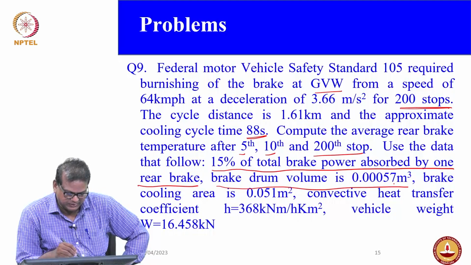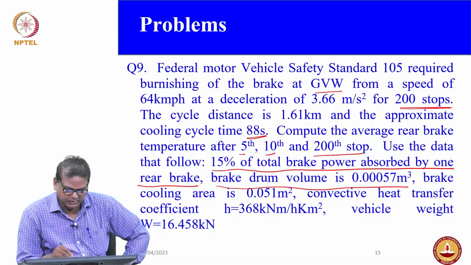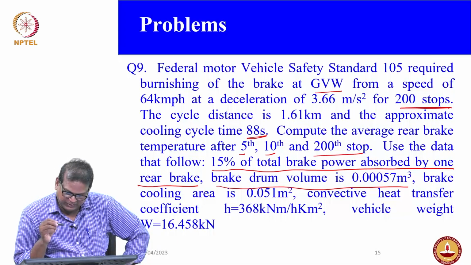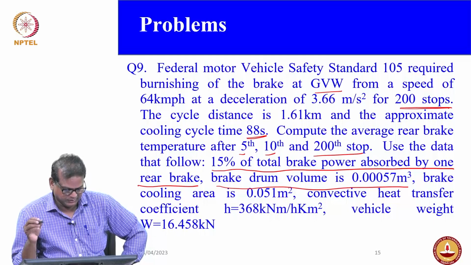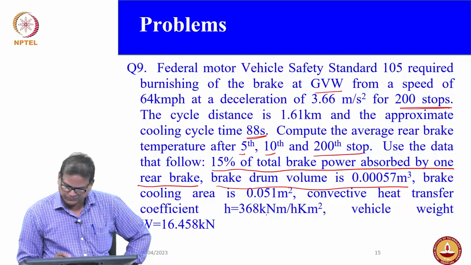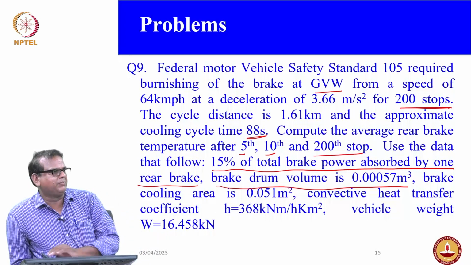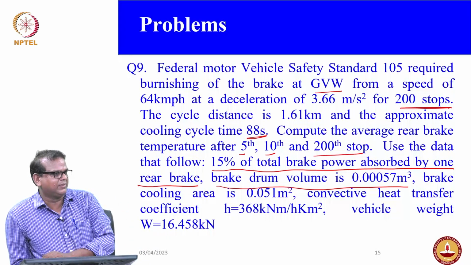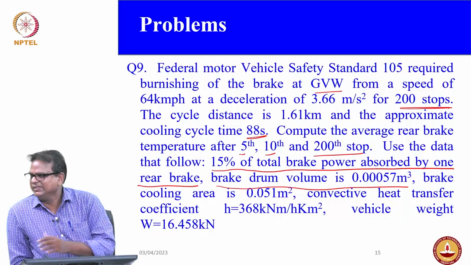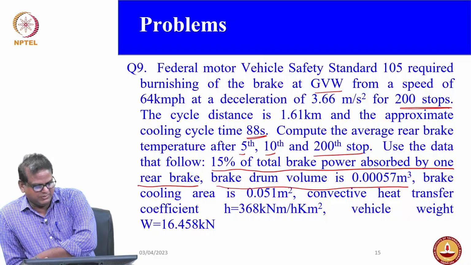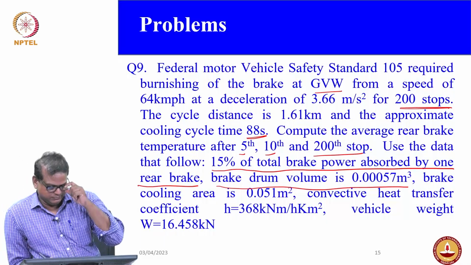The brake cooling area AR is given as 0.051 square meter, the convective heat transfer coefficient is also given, and the vehicle weight is given. Is this repeated braking or drag braking? It is repeated braking.